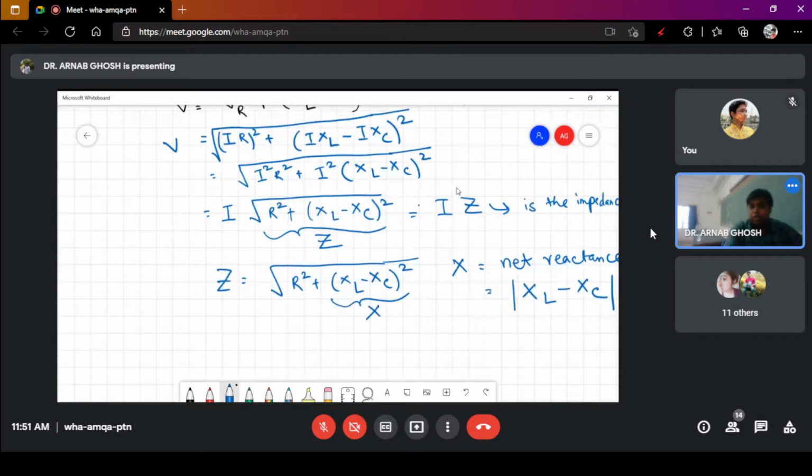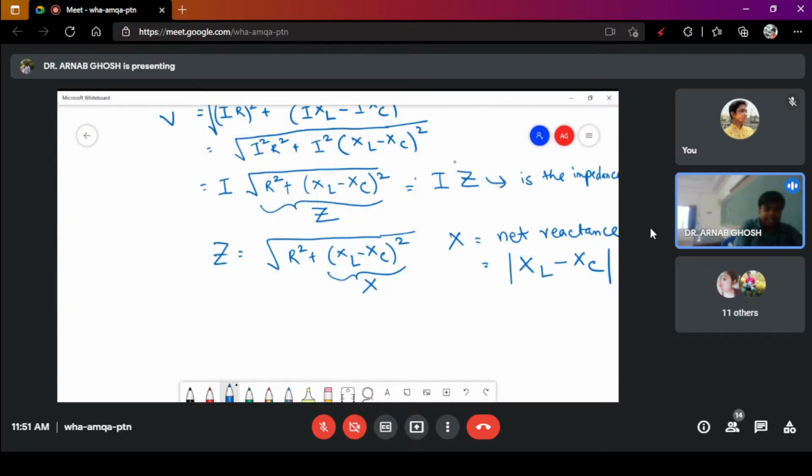So what is XL and what is XC? XL is equal to 2 pi F into L, which is known as the inductive reactance. And XC is equal to 1 by 2 pi FC, which is the capacitive reactance.